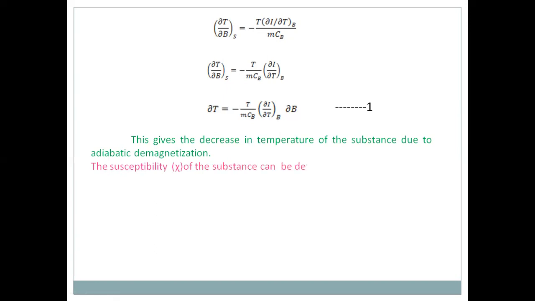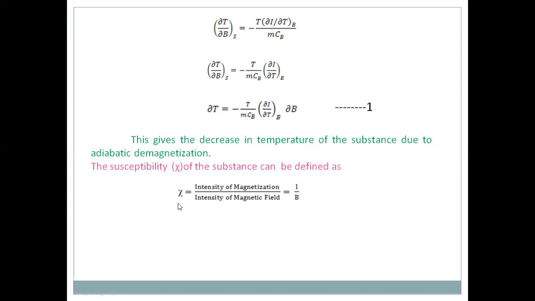The susceptibility of the substance can be defined as, we know, chi is equal to I by B, where I is the intensity of magnetization and B is the intensity of magnetic field.